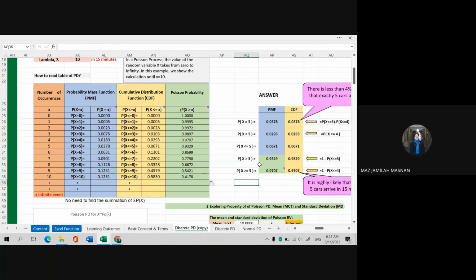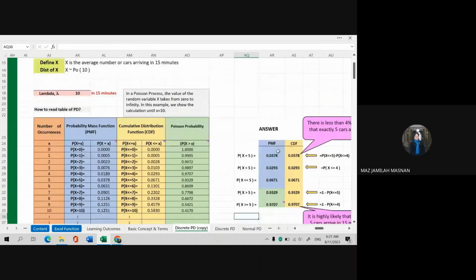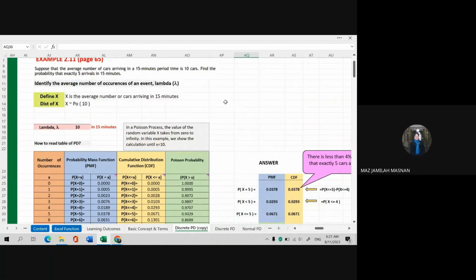Now, what was the question? The question is only one, but I add up a few other questions just to show you how to find the rest of the answer using different types of questions, and how you can use the PMF, CDF, as well as the third column in order to find the answer.